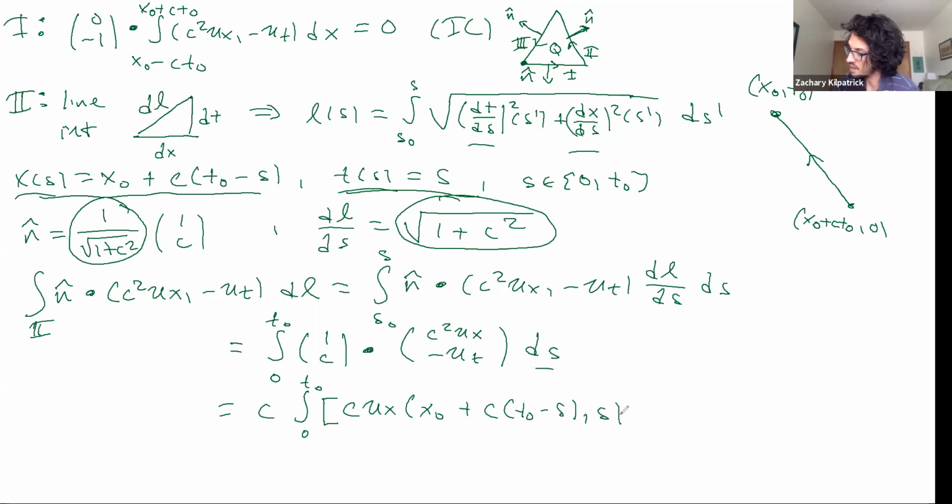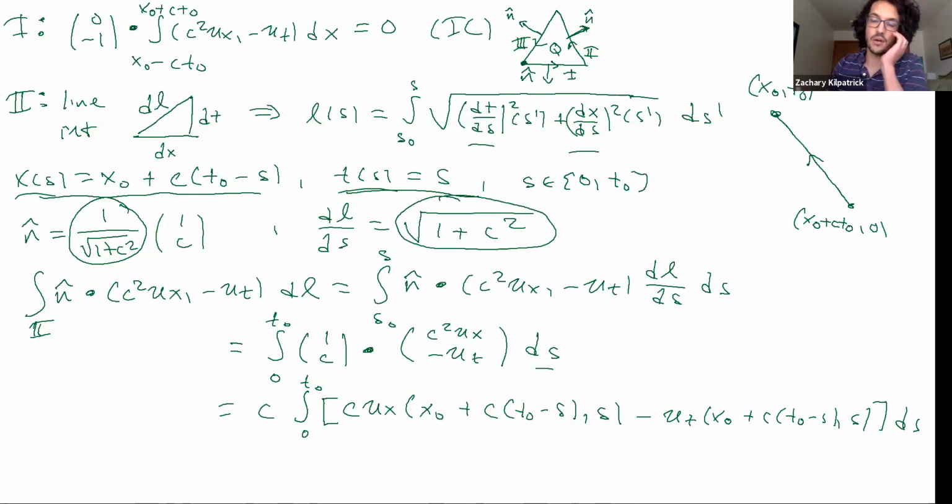Because this is just the way that I've parameterized x and t now, minus ut of x0 plus c(t0 minus s) ds, okay? So now what do I have? I have an integral over two-dimensional functions, right? But they're each just parameterized by that one variable or parameter s now, okay?